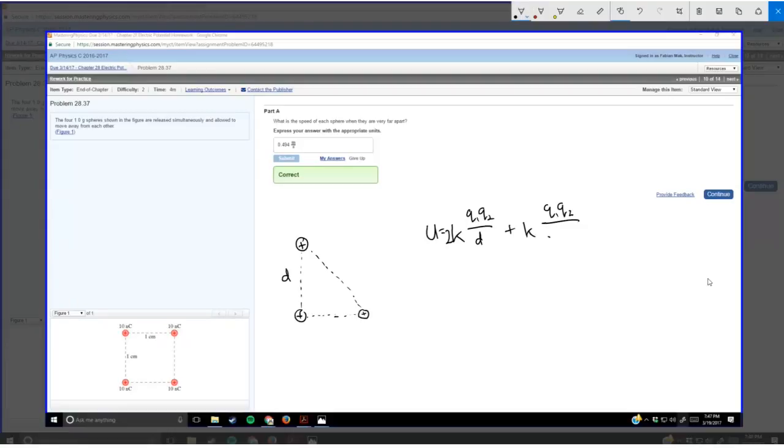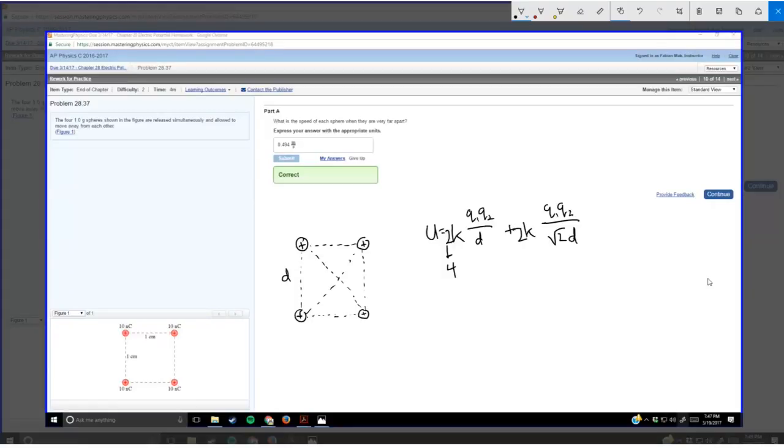Yeah, root 2 D. Okay, and now I bring a third one in that has potential energy with this one and potential energy with this one. So now that becomes 4. There's 4 of these links, and also there's this one. So that means there's 2 of these links.